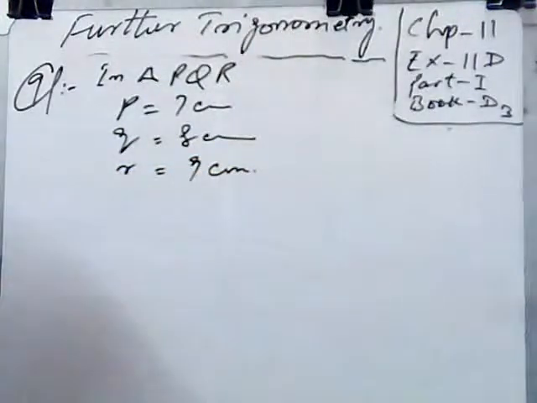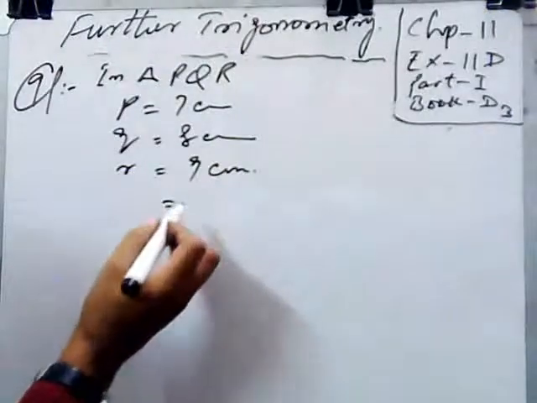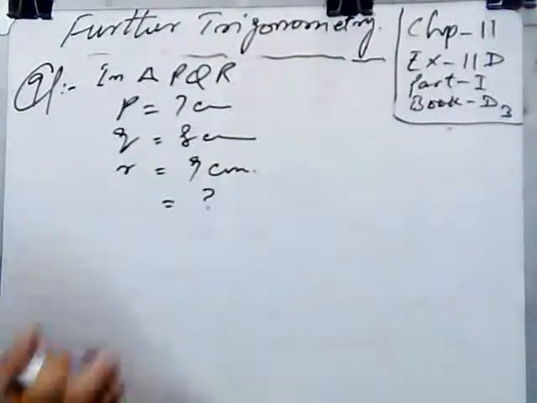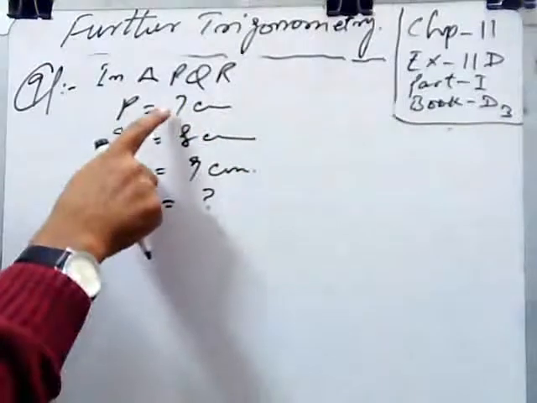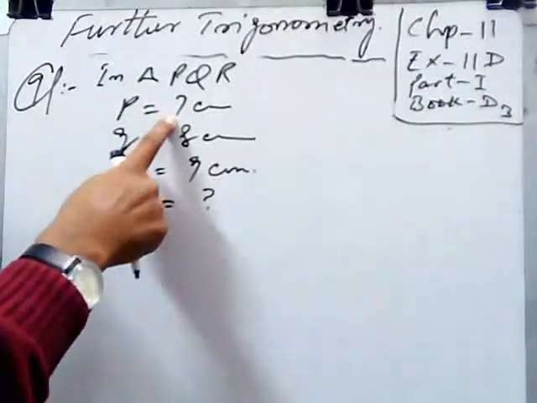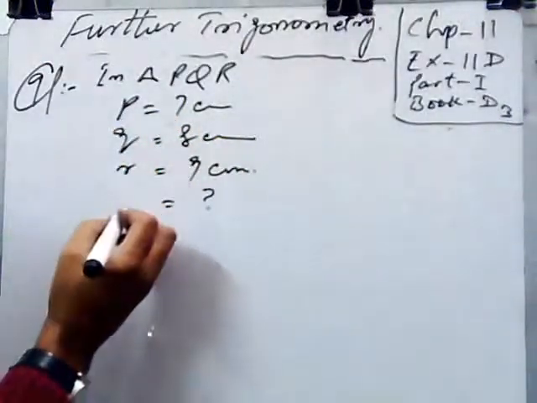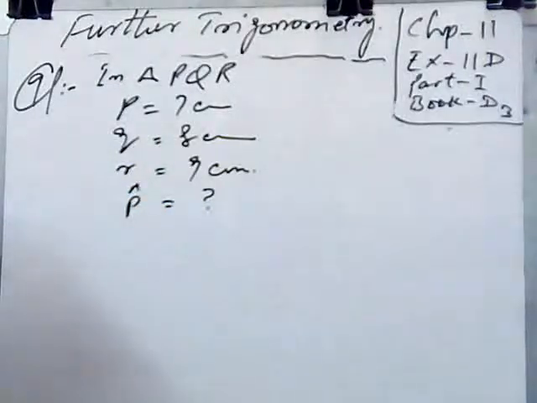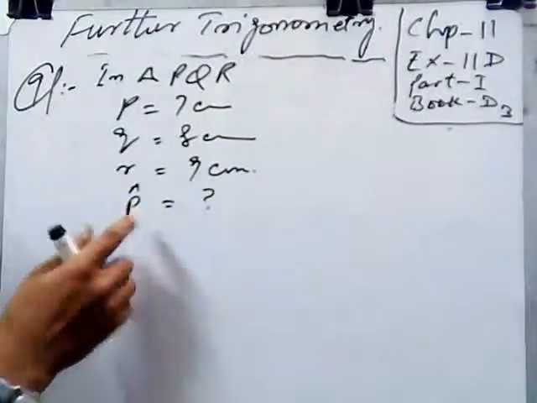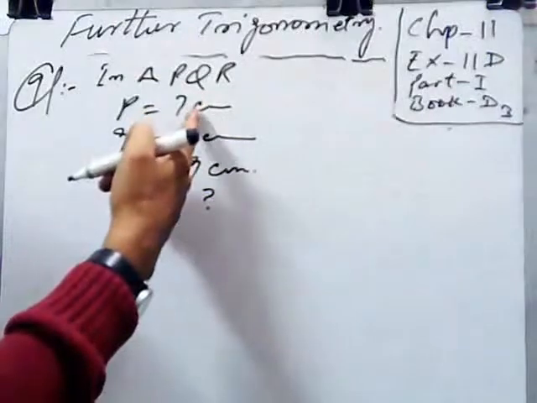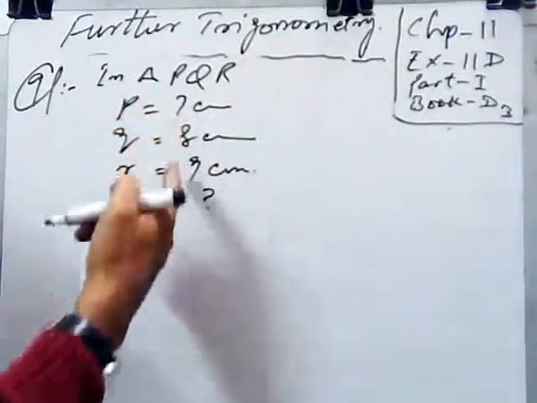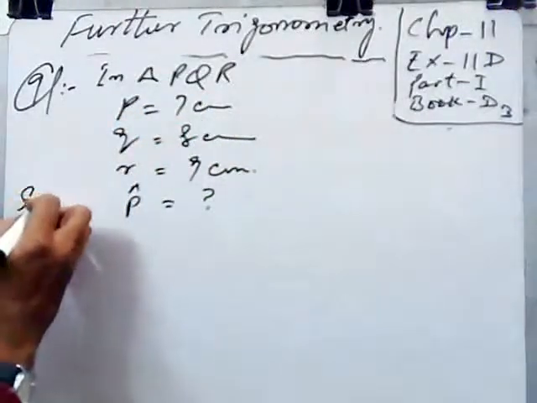Find the size of the smallest angle, which is to be calculated. Smallest, we should check the size. Here p is the smallest, so it means the angle P we have to find, because the smallest side has the smallest angle. This one, the smallest angle.